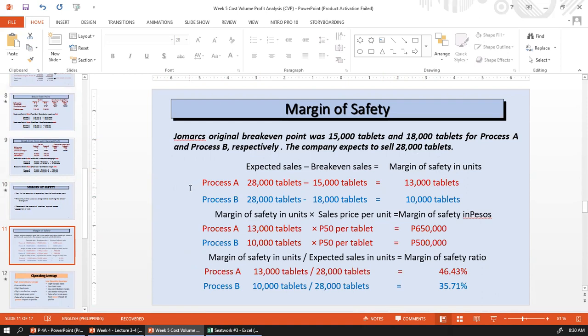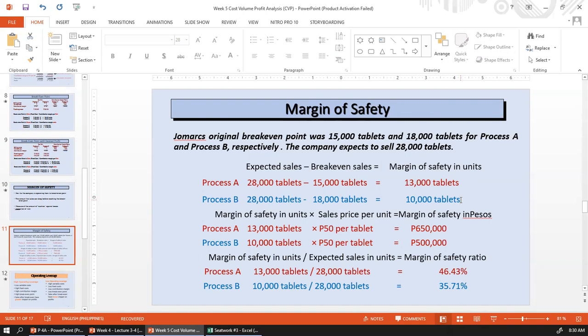So for process A, the company expects to sell 28,000 tablets minus your 15,000 tablets, and you will get 13,000 tablets as your margin of safety. The same with process B, 28,000 tablets minus your 18,000 tablets break-even point, and you will get 10,000 tablets.